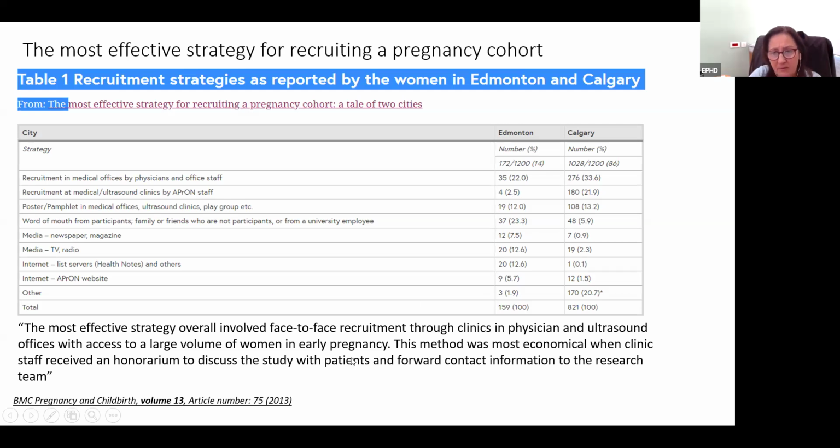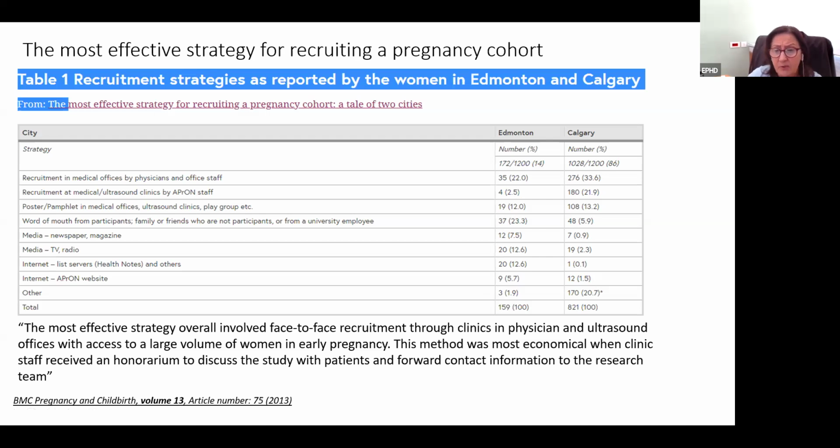Just to read the final conclusion, the most effective strategy overall involved face-to-face recruitment through clinics, physician and ultrasound offices. So for pregnancy, irrespective of whether it was Edmonton or Calgary, the best approach to recruit pregnant women was in a clinic, with women coming to a physician for prenatal care or coming for an ultrasound.